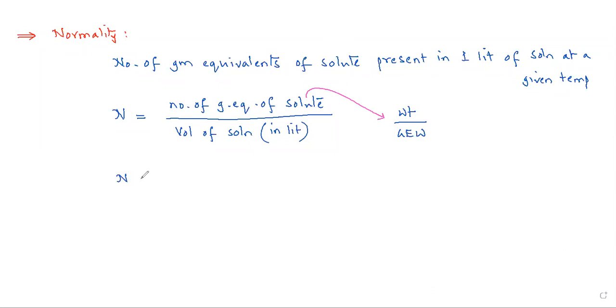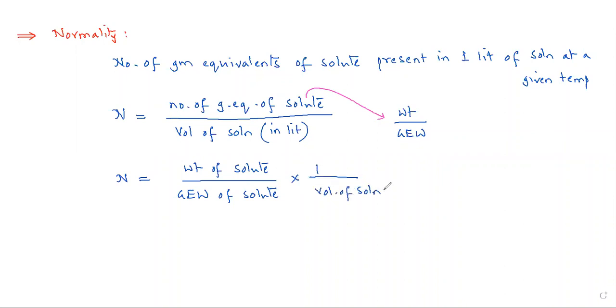So this can be modified as weight of a solute by gram equivalent weight of solute into 1 by volume of solution in liters. Or else the same thing can be modified as the same thing multiplied by 1000 by volume of solution in ml, right?